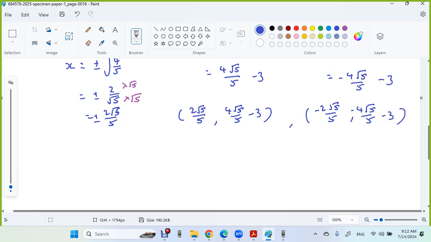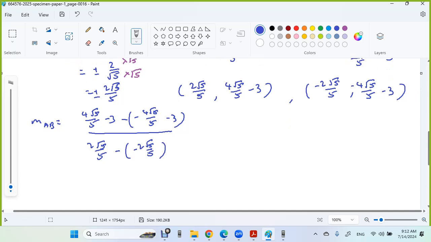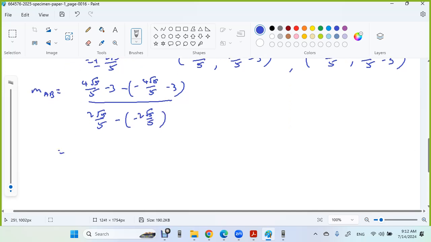So the gradient of AB will be the difference of y over the difference of x, which is 8 square root 5 over 5 over 4 square root 5 over 5, as the negative 3 plus 3 cancel.